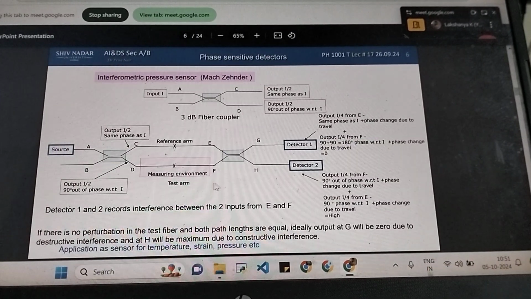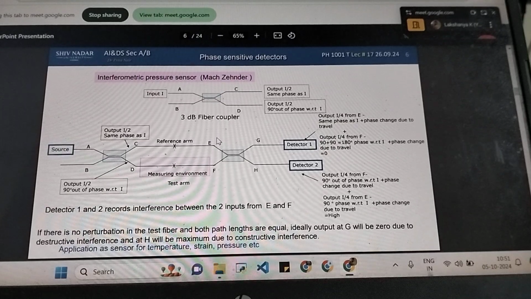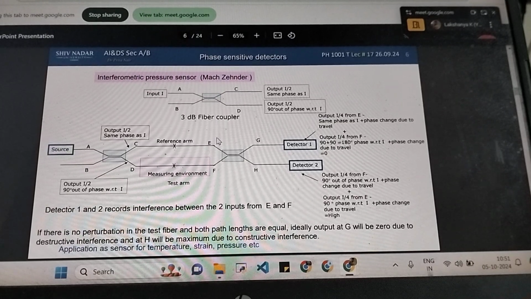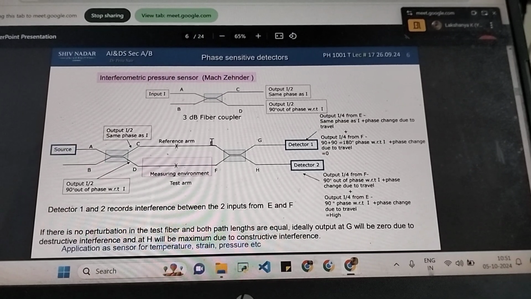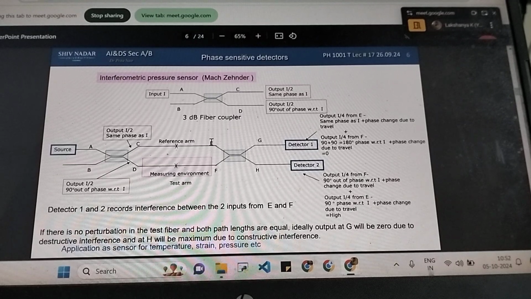So all of these inputs will be split up and sent across G and H. We will see how that split up happens. First we take the I by 2 which is coming from E. That will be split into I by 4 which goes to G and I by 4 which goes to H. This I by 4 is going to be the same phase as I, so it is 0 degree phase difference.